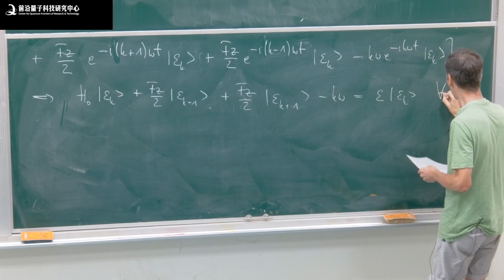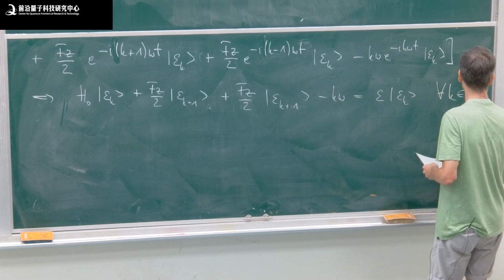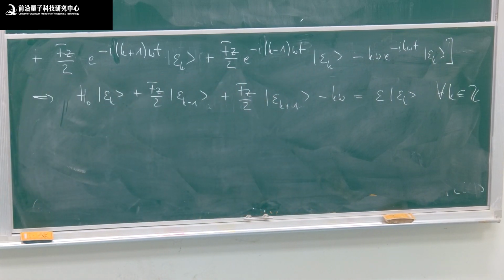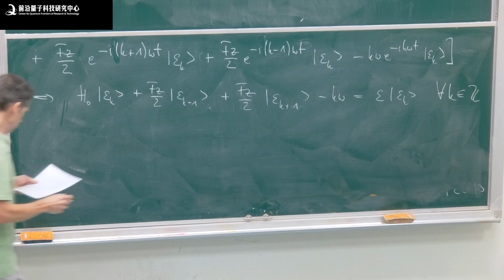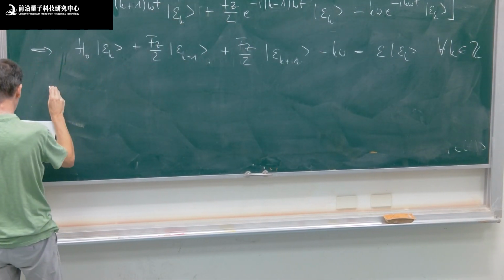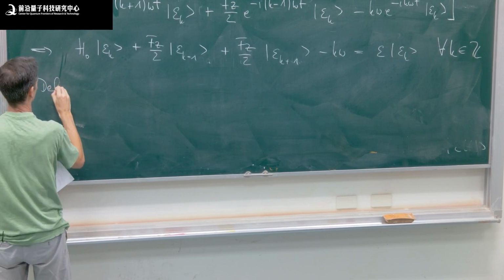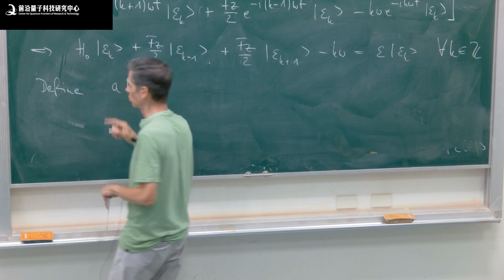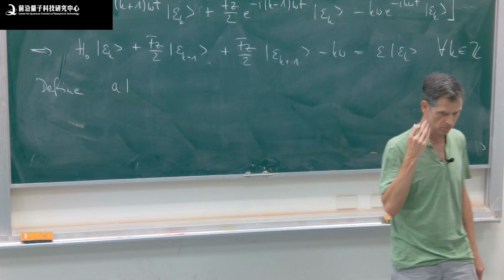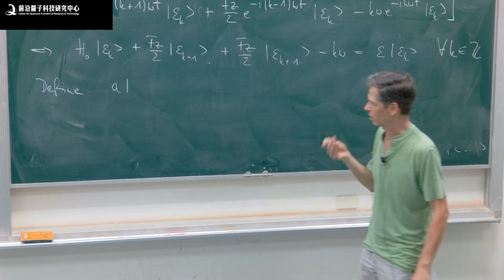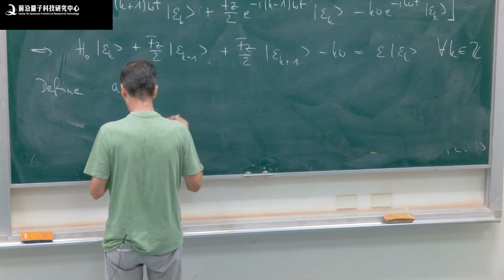And this now for all k in Z, because the sum is running from minus infinity to plus infinity in this Fourier representation. Okay, so now I do the following definition. I define a new lowering and raising operator now, which is reminiscent of what we know from the dressed state picture or from the harmonic oscillator algebra.